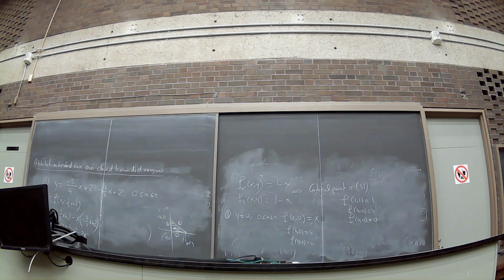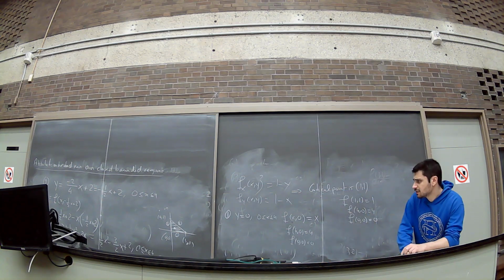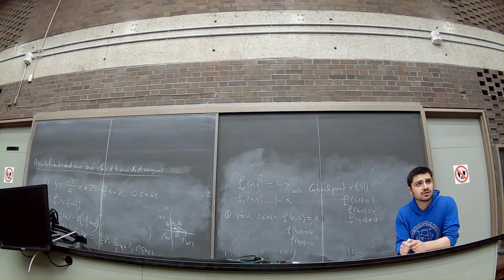So I get 1 half x squared minus 3 halves x plus 2, with x between 0 and 4. Is that good or not? Could you guys compute it just to be sure? So it's minus b over 2a, so it's 3 halves.